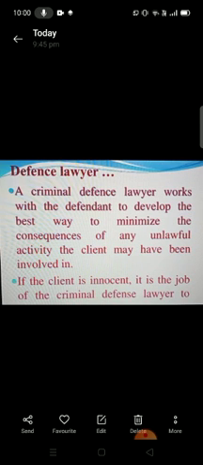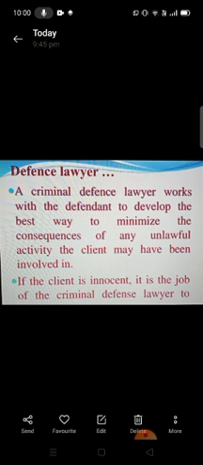The third pillar of our criminal system is the defense lawyer. A criminal defense lawyer works with the defendant to develop the best way to minimize the consequences of any unlawful activity the client may have been involved in.